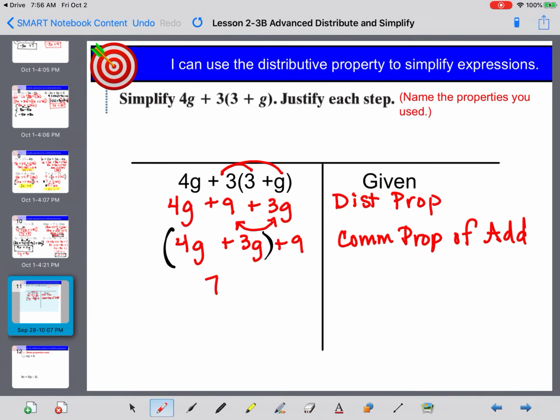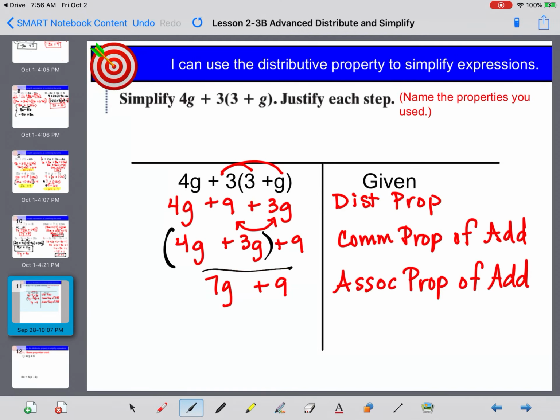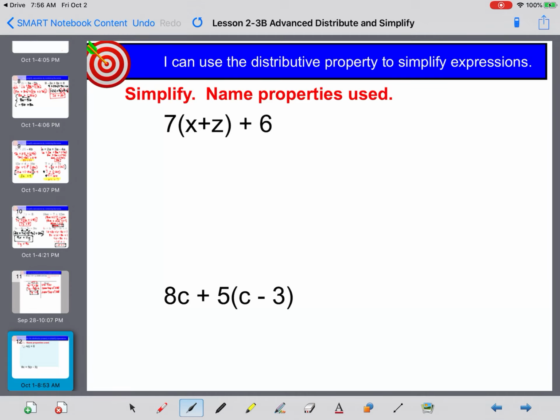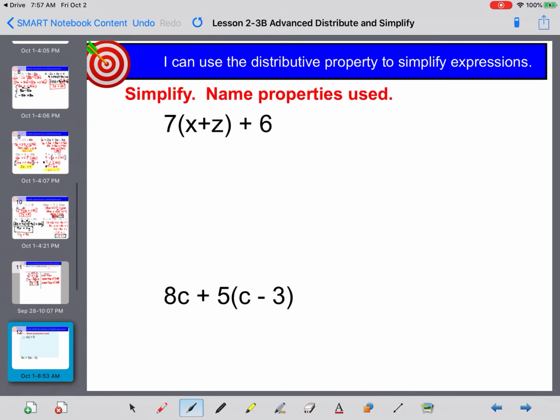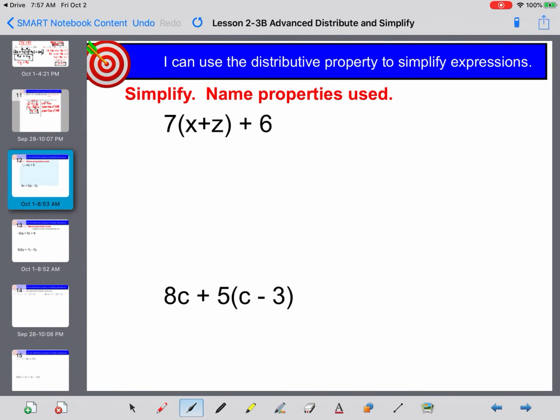Grouping together, I get 7g plus 9. That's the associative property of addition. And this is my answer, 7g plus 9. All right, pause the video, simplify these two expressions, and make sure you're justifying each of the properties as you go.